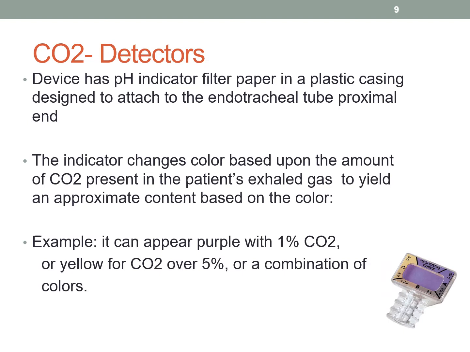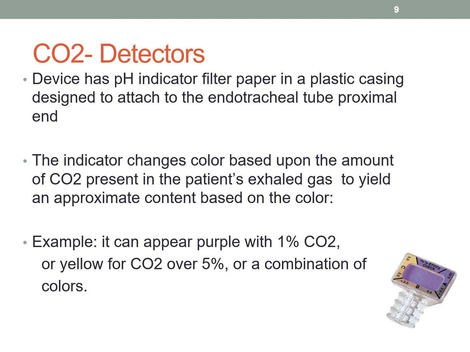All right. So your CO2 detectors, the little disposable things, I call them easy caps. They have that little pH paper in there that changes to a yellowish, golden color if you have a positive CO2.